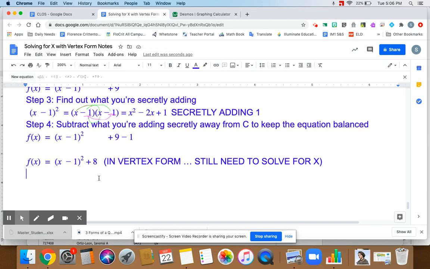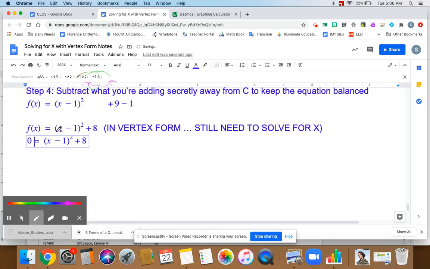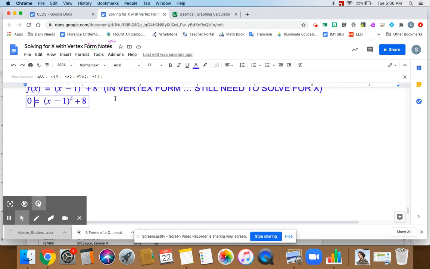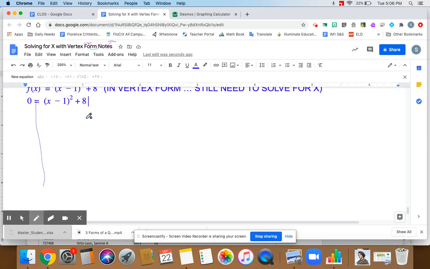Going to solve for x. First of all, I'm going to make it equal what? 0. My next step is to do what? I have to minus this 8 away to eliminate it.